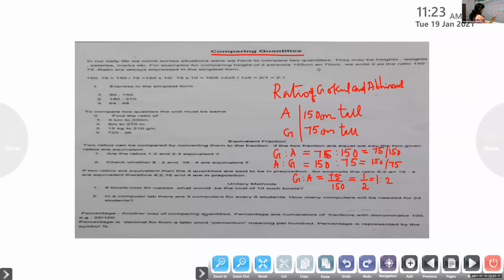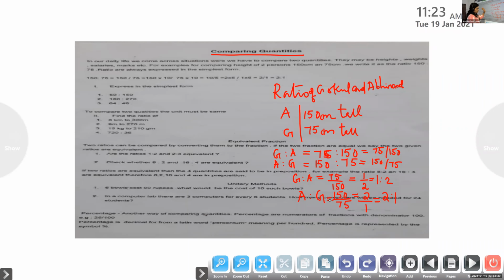Now again another one. When you take the reverse, it is 150 by 75. So it will become 2 by 1, or we write it as 2 is to 1. So we say the ratio in other form. Then it will be Abhinanth is to Gokul, 150 by 75. Then you will write it as 2 by 1 or 2 is to 1.